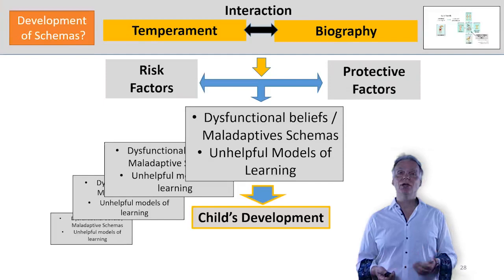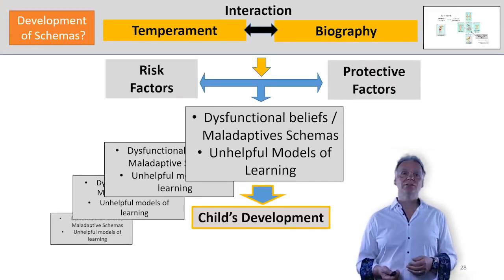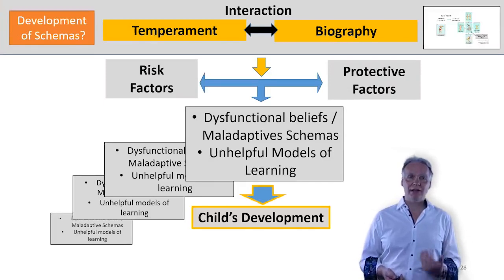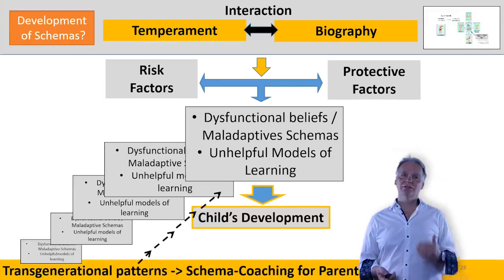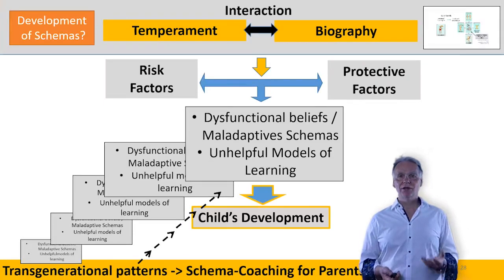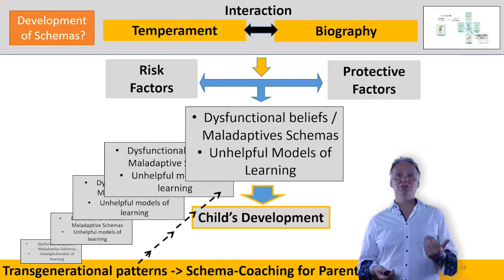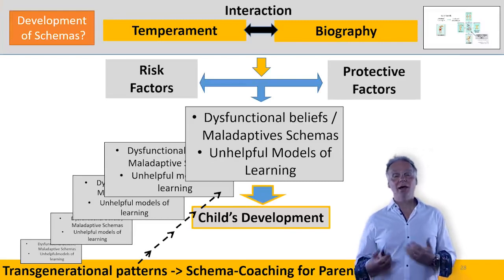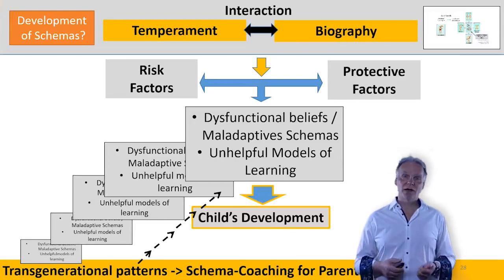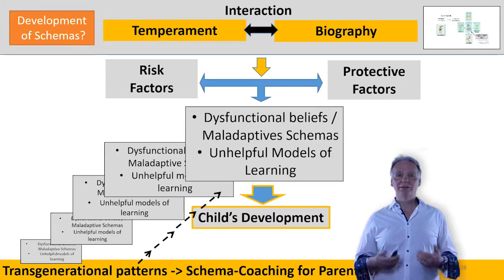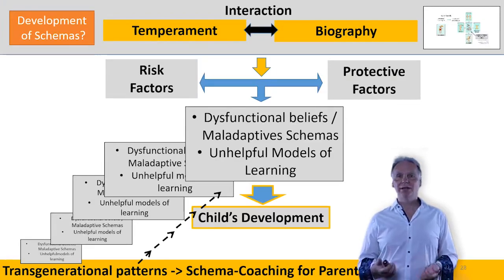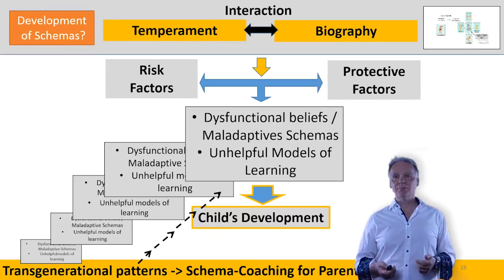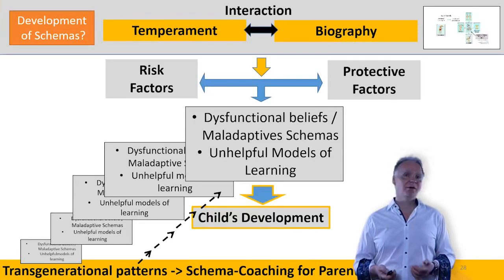So we often find a transgenerational pattern of schemas over the generations, and that is particularly important to help parents understand why, as a mother or father, they have certain patterns which hinder them from giving the child what it actually needs. That is the point when we talk about schema coaching for parents, which we come to later.